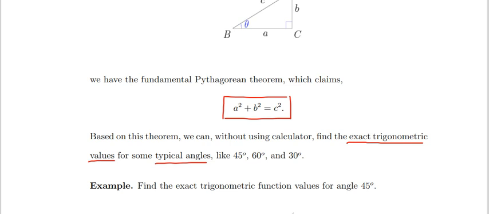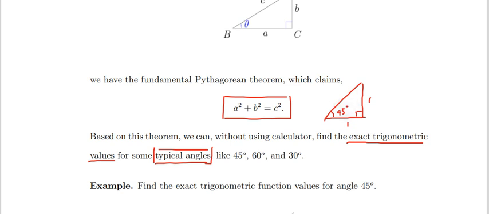So what are those typical angles? They come from typical triangles. Let's check some typical triangles. One is the simplest right triangle: if these two sides are equal, like this side 1, this side 1, then this angle is 45 degrees, right?